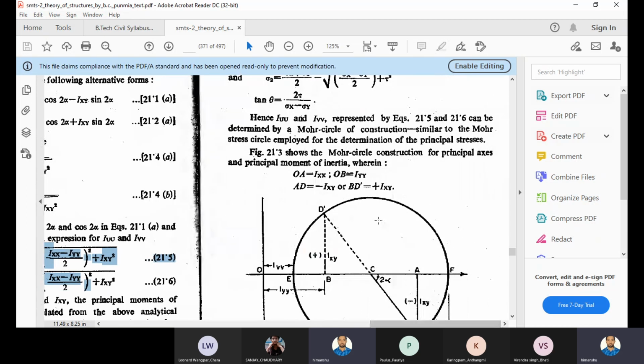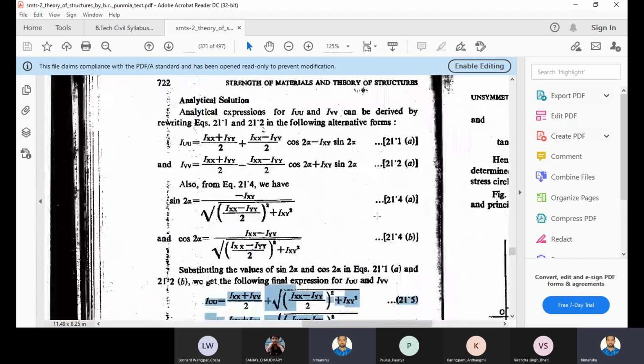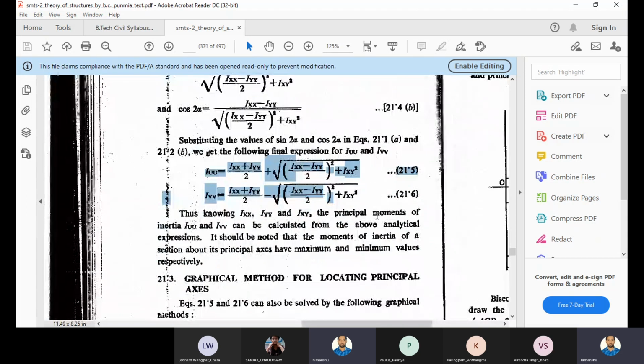Now, if you want to find these values by using a graphical solution, you can also do that by using the graphical method. What is that graphical method? That is the Mohr circle.